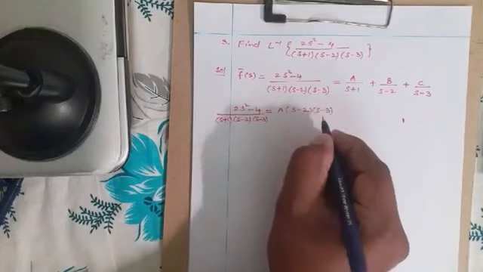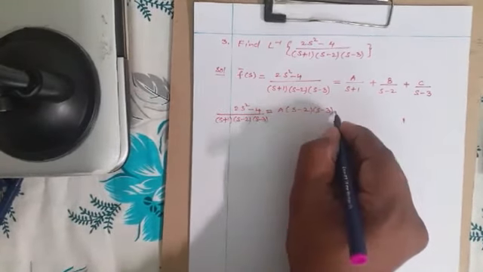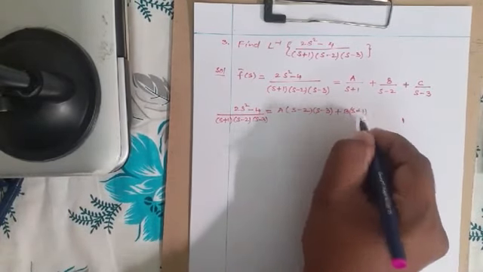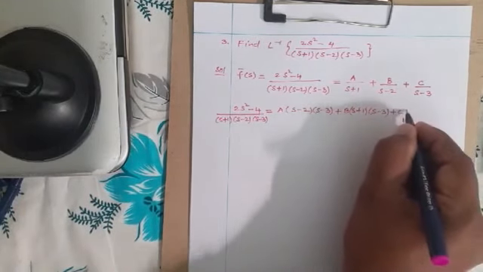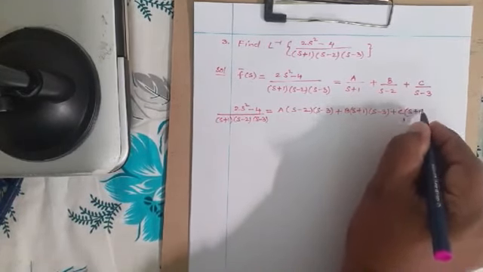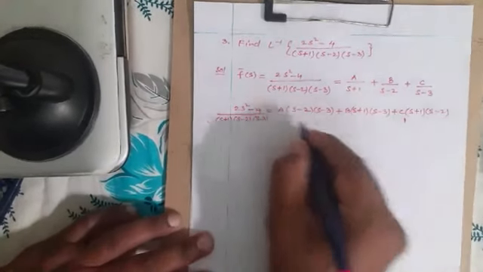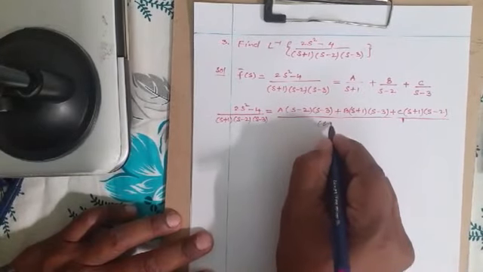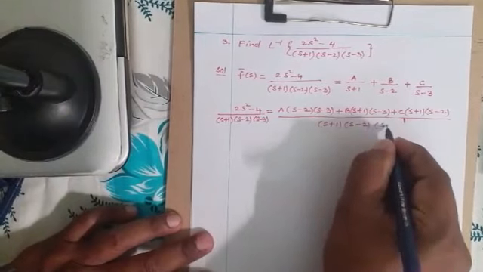We are taking the LCM, and then you will get this one plus B into s plus 1 into s minus 3 plus C into s plus 1 into s minus 2, upon s plus 1 into s minus 2 into s minus 3.